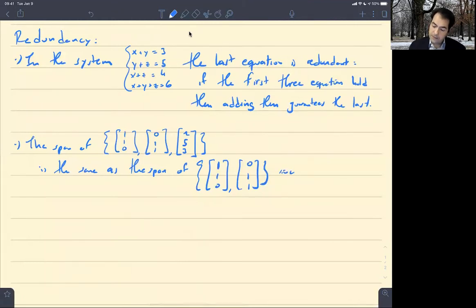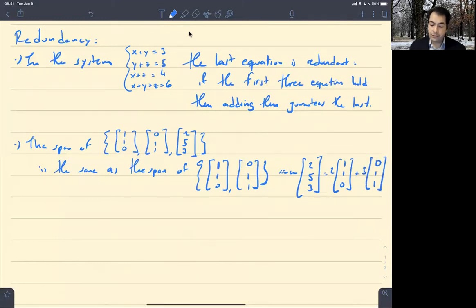Since the other vector (2, 5, 3) is equal to 2 times (1, 1, 0) plus 3 times (0, 1, 1). Right? So if you have these two vectors and you're forming the span, so you're taking all possible linear combinations, then you get the same set of vectors as if you start with these three vectors and you take the span, you take all possible linear combinations. So you don't need this one if you already have these two.